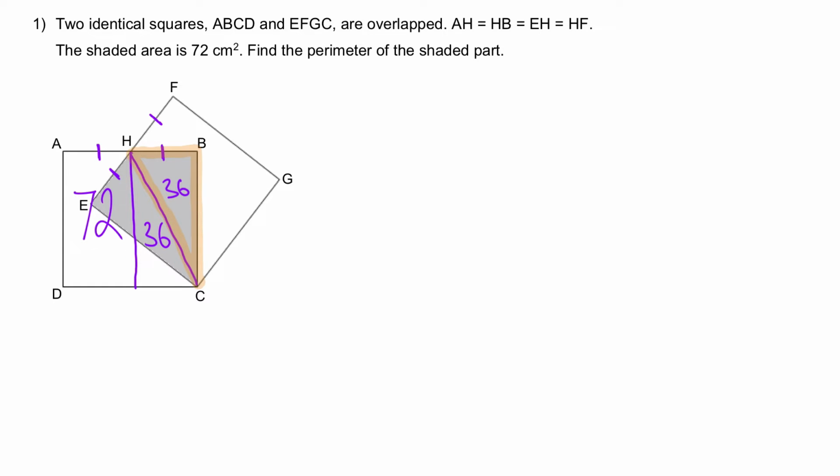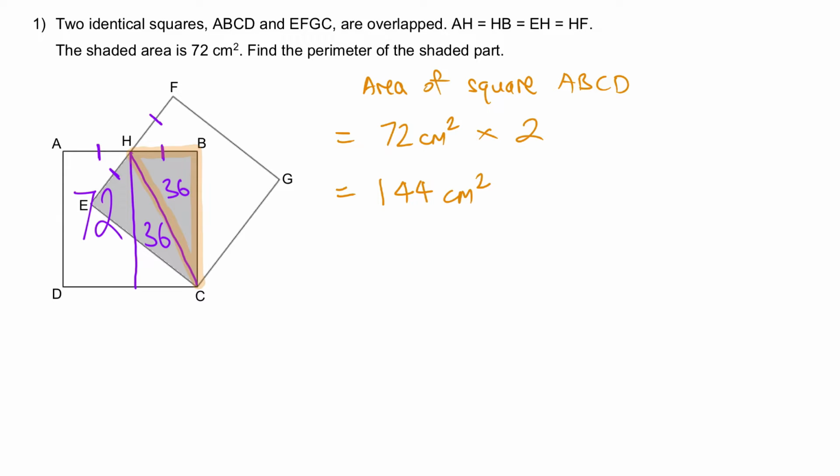The first step, area of square ABCD, will be 72 cm square times 2, to give us 144 cm square. And from here, are we able to figure out the length?